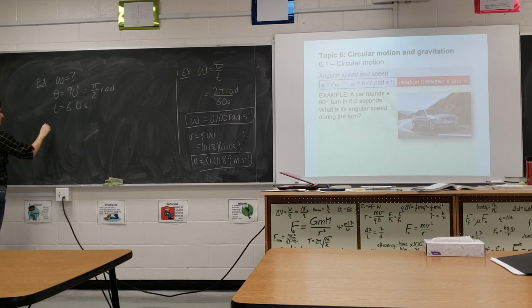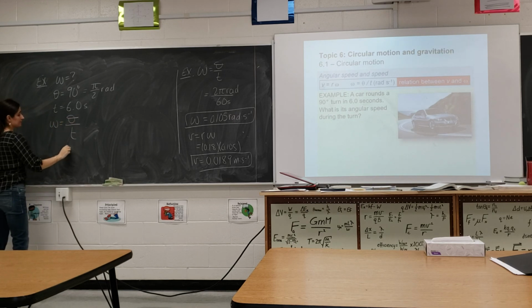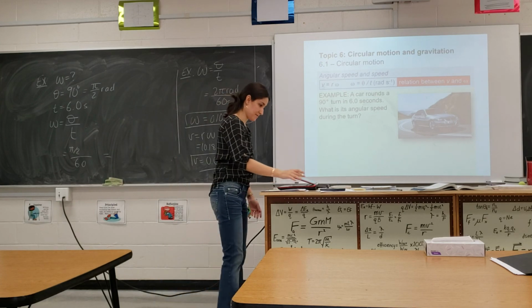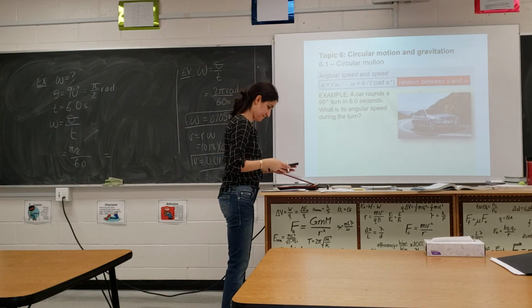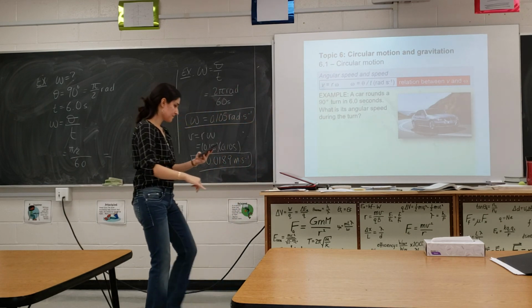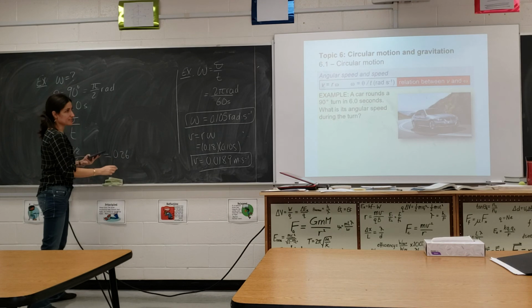Okay, so now we're looking for omega. Omega is theta over t. So that's pi over 2 divided by 6. Whatever that turns out to be, that's pi over 12. So we get 0.26.